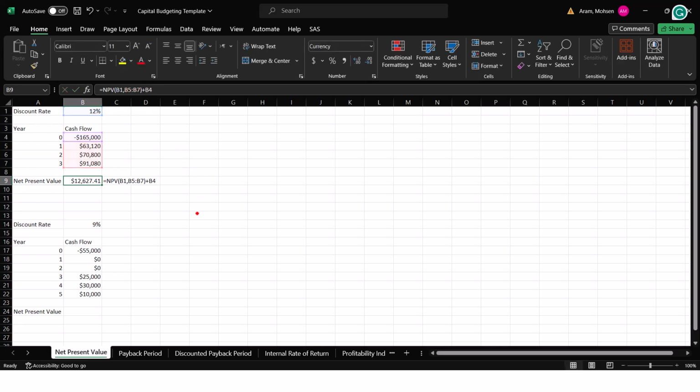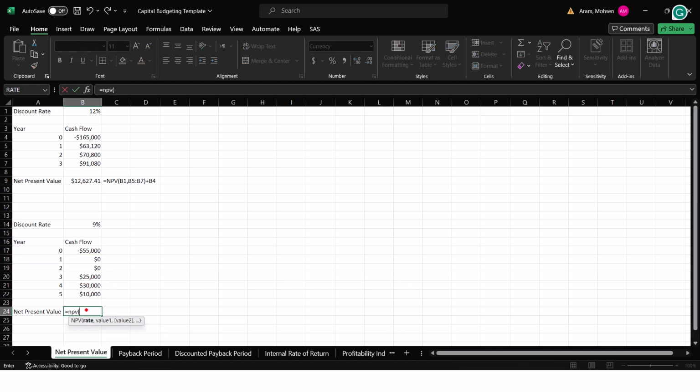Okay, let's do another one here. We have another project with a discount rate of 9%, and it will cost $55,000 today and provides no cash flows in the first 2 years, and then these 3 cash flows after that. So all we're doing here, again, we do NPV.